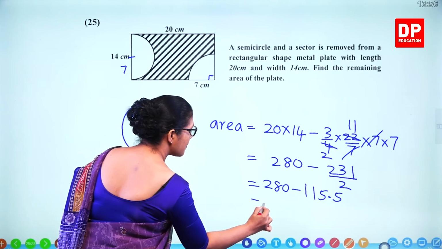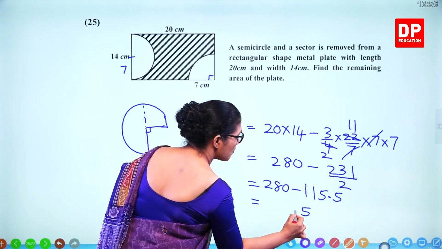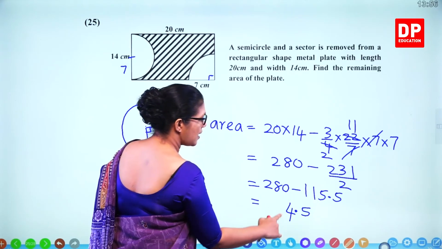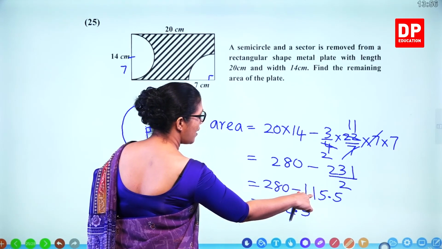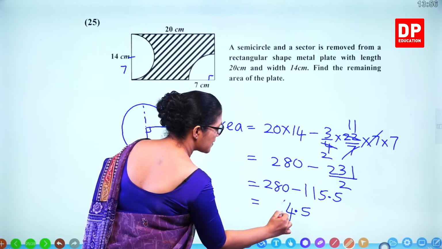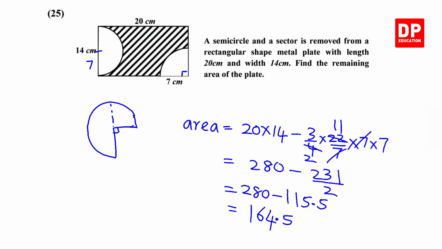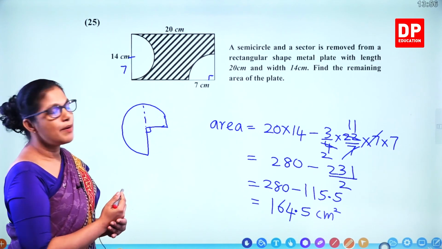Now subtract, you get 164.5 square centimeters, which is the area of the remaining part.